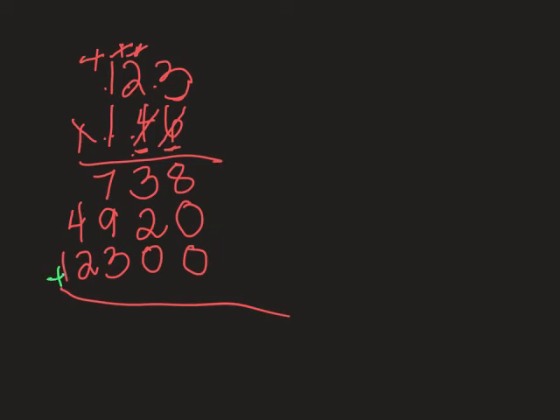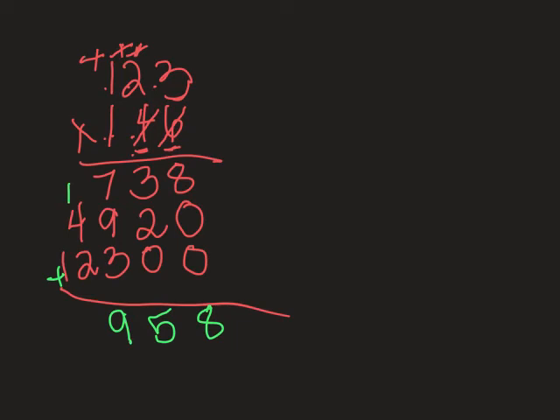Okay, and I get 8, 0, and 0, which is 8. 3 plus 2 and 0, which is 5. 7 and 9, which is 16, plus 3 is 19.